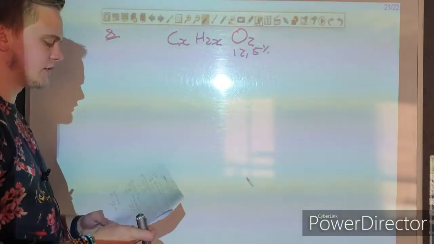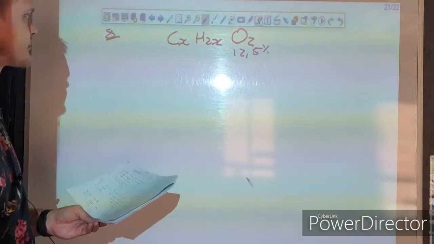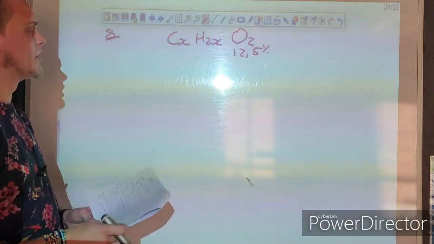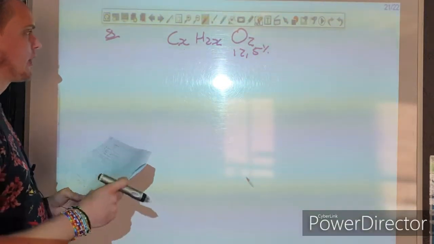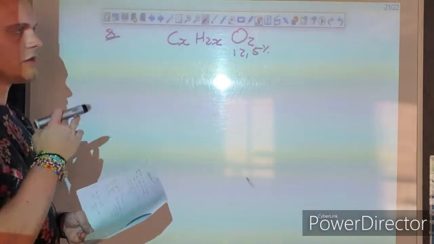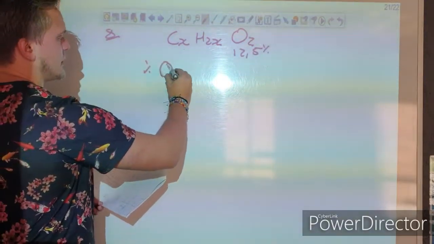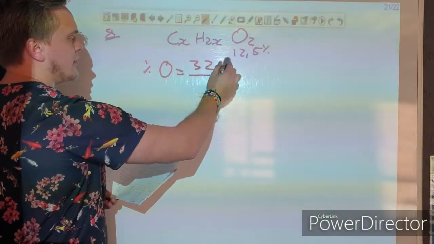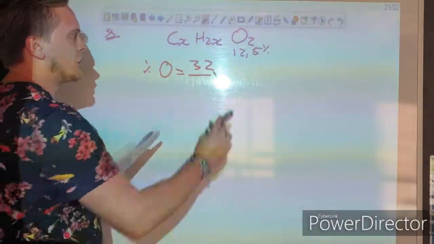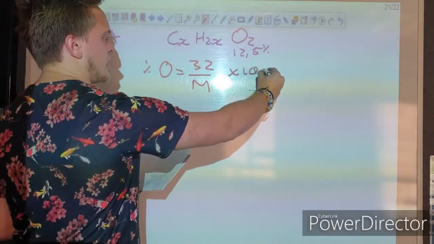So for question 8, you should know that if we have this composition, and for oxygen it's 12.5%, we can calculate just with that the total molar mass or molecular mass. So the percentage oxygen, we would have calculated it to be 32 over, because it's two oxygens, over the molar mass, and then multiply that with 100.